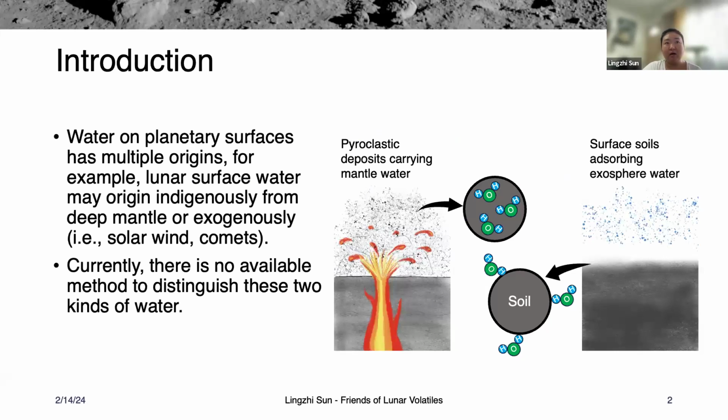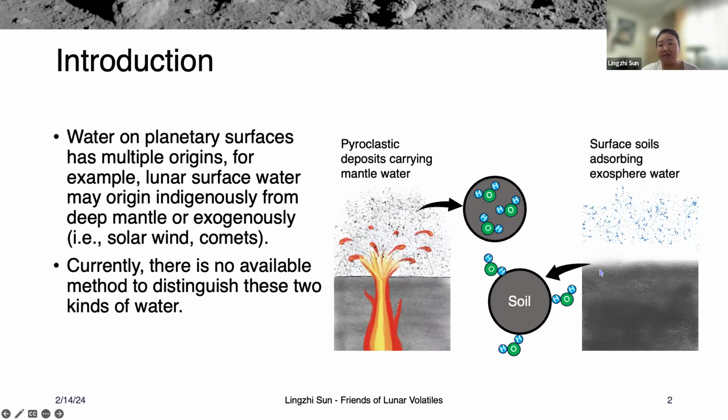Water on planetary surfaces has multiple origins, and because of these different origins, it might present in different formats in planetary materials. For example, if it's pyroclastic deposit originated, it might carry magmatic water trapped within the glass beads, and that is the internal water.